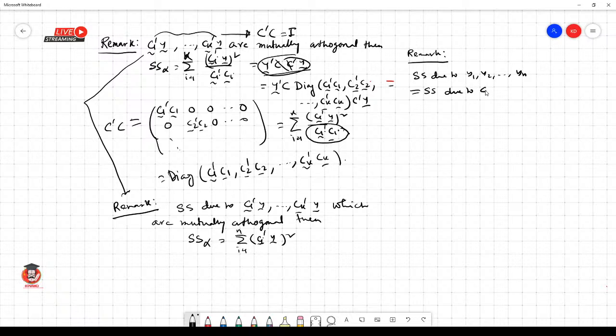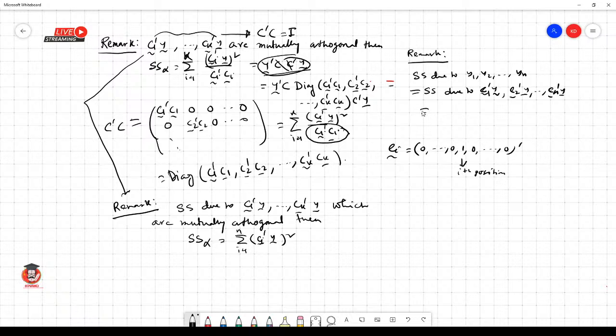We write this as e1 curl prime y curl, e2 curl prime y curl, ..., en curl prime y curl, where ei is a canonical basis, or we know ei curl equal to 0 0 0 1 0 0 prime, where 1 is in the ith position.